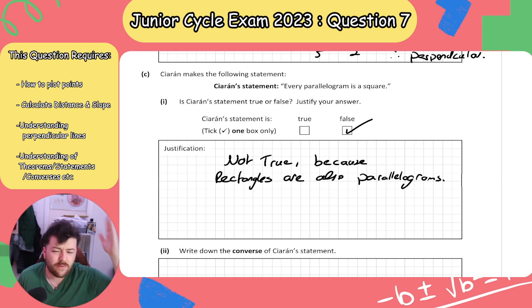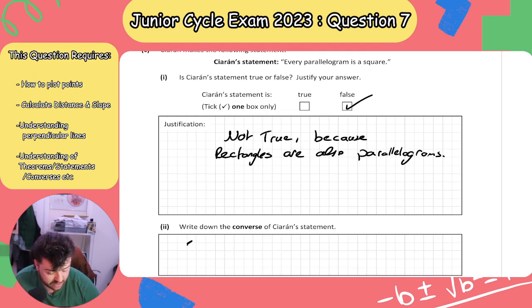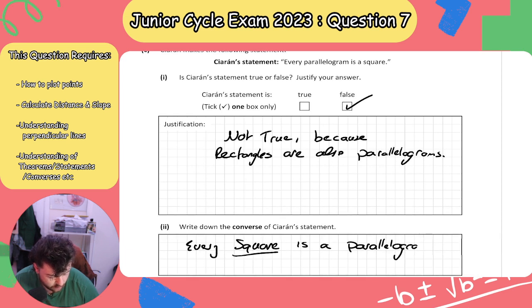I'm going off the cuff here, but the converse of a statement just means you flip it around. So the converse of the statement is every square is a parallelogram. There you go, easy peasy lemon squeezy.